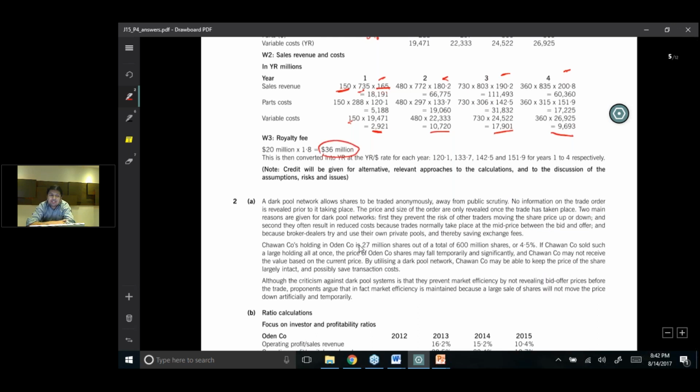Now convert this $36 million every year with the exchange rate into YR. And these exchange rates are 120, 133.7, 142, 151.9 for year 1 to year 4. The examiner has just explained his working.